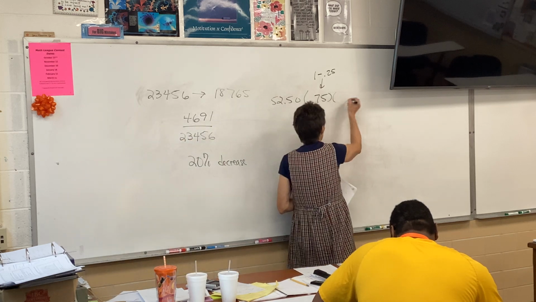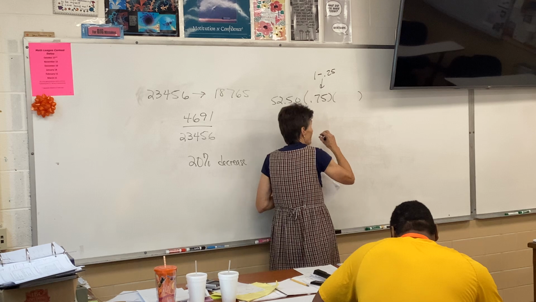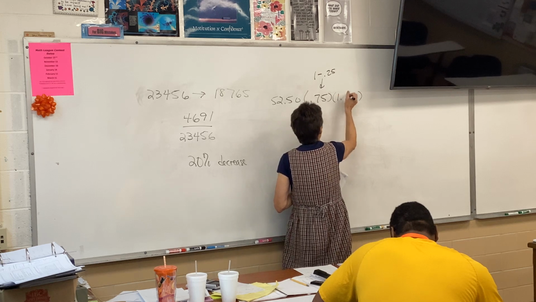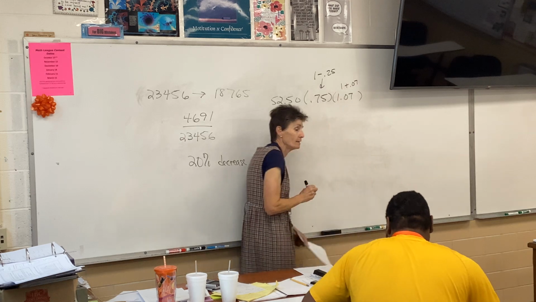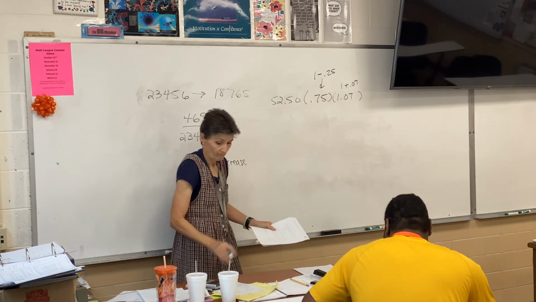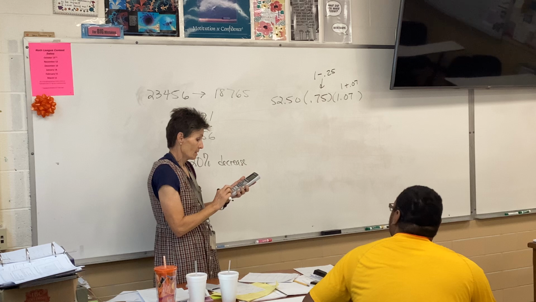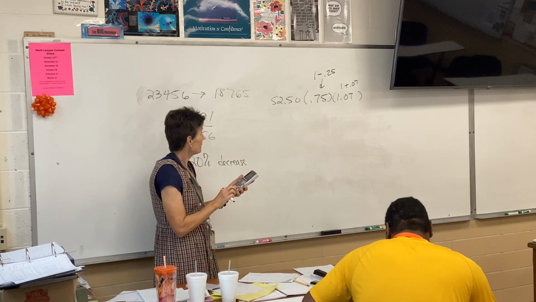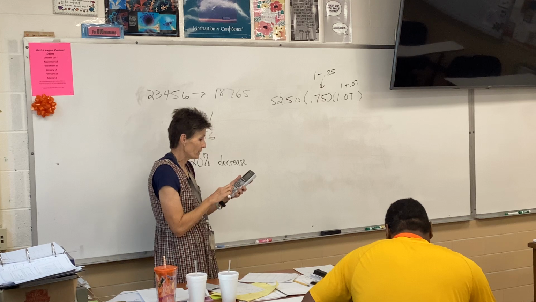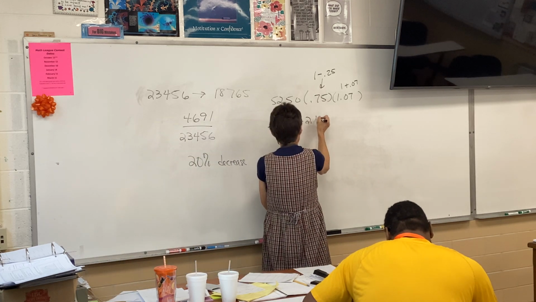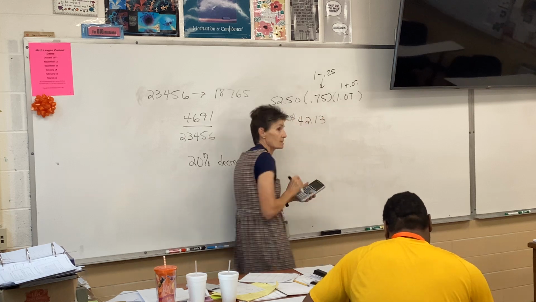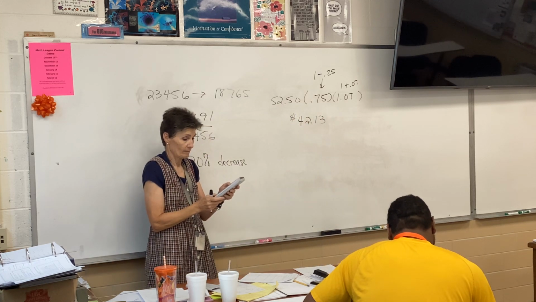So I'm gonna multiply again, and what am I gonna multiply by? 1.07, because I am adding on the tax. So 52.50 times 0.75 times 1.07. You're gonna end up paying $42.13 for this sweater.